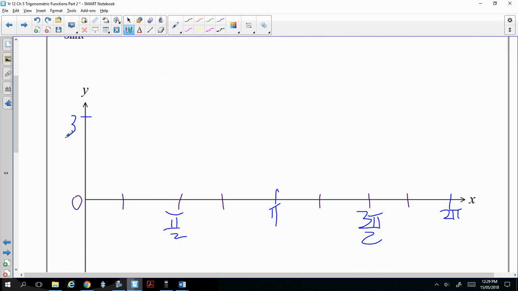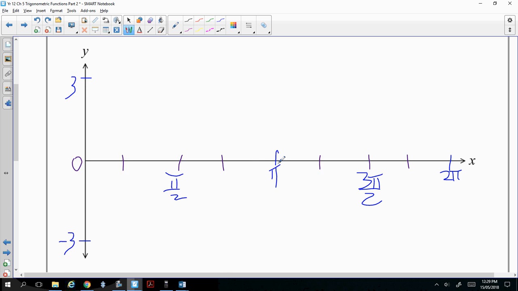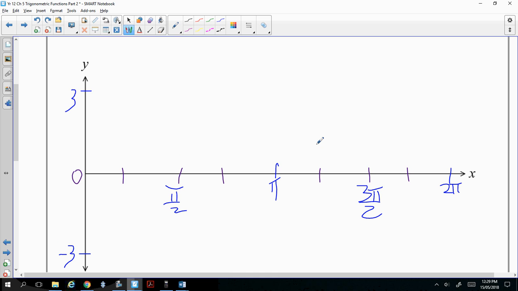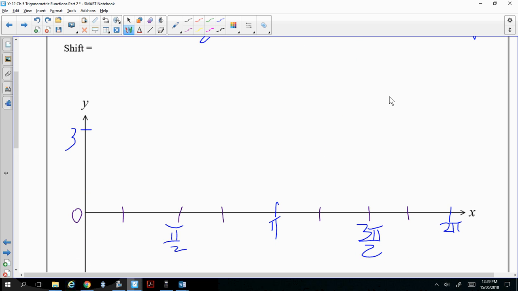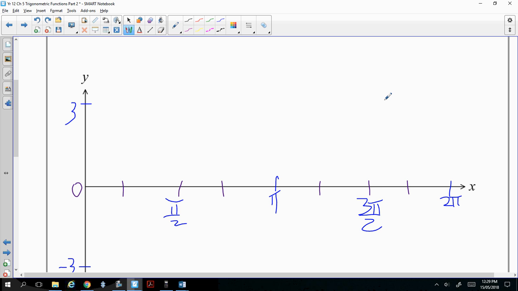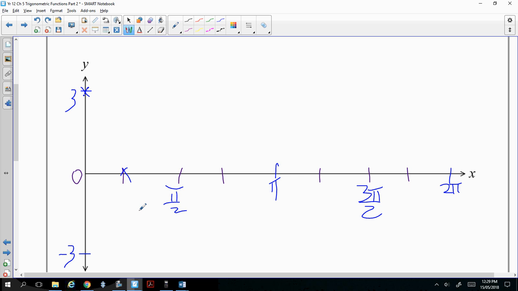And then we're going to draw the cos 2x graph. Cos 2x, so we'll be starting from the top. Then go middle, go there, there, there. So you draw once, and then repeat it again, twice.